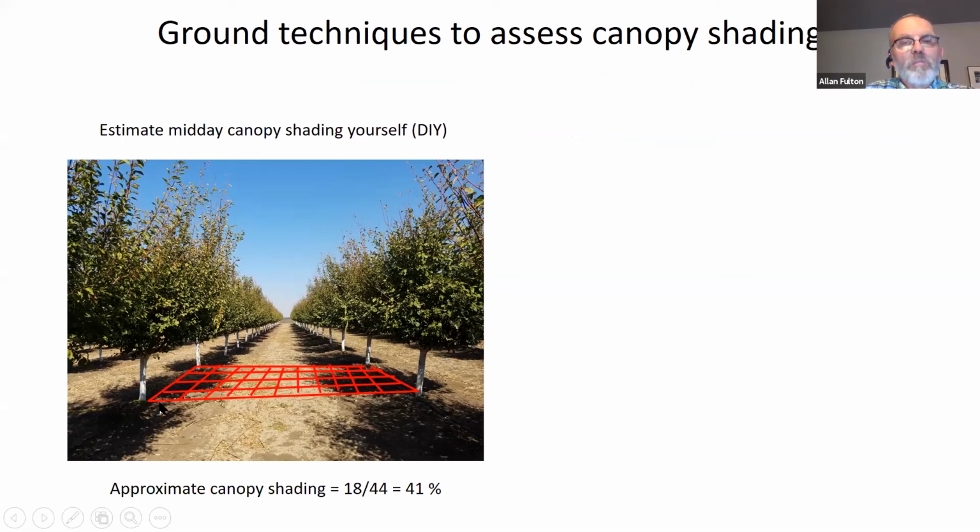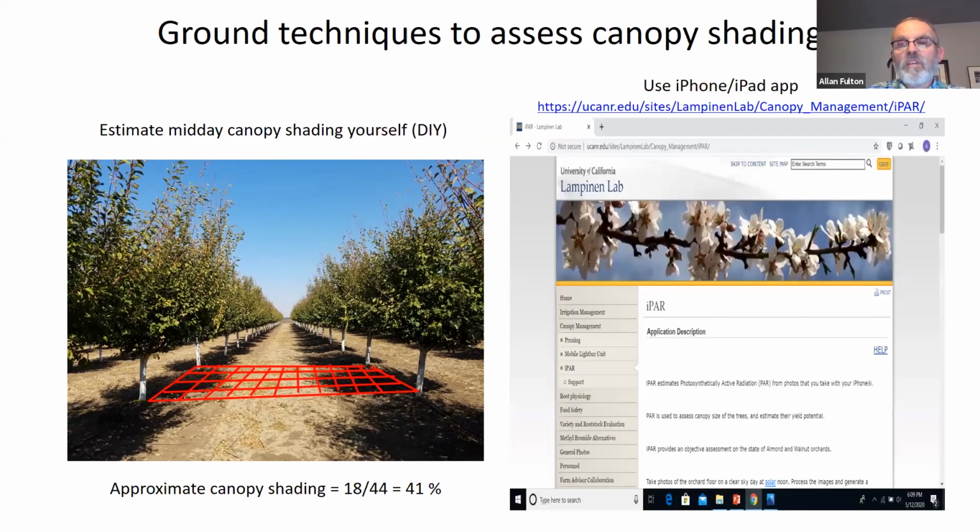And then by hand, with my computer, I drew in a grid and counted the squares to approximate the percent area of shaded ground or light intercepted. This turned out to be 18 of 44 grids in this case, or about 41% canopy light shading.